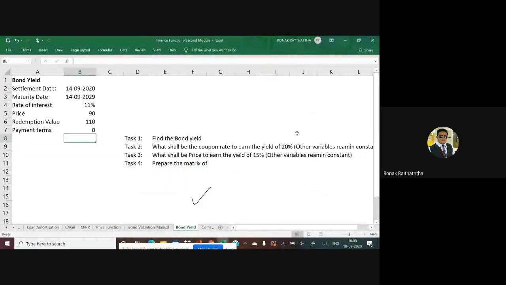So a bond is nothing but a promissory note which is given by a company or a financial institution. If you invest in our company, then we will give you some interest rate, right? But interest rate is not the only rate of return which the investor gets from the bond. Along with the interest rate, there is another return as well, and that is the change in the market price.